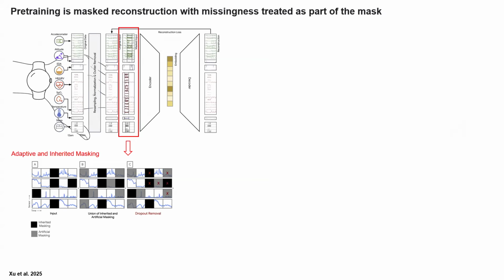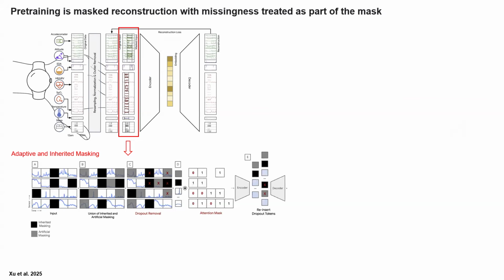Then they combine both the artificial and the inherited masks and make the final data. From that, they use the dropout removal, removing some of the points, and they also use the attention mask. After that, they enter that information into the encoder.